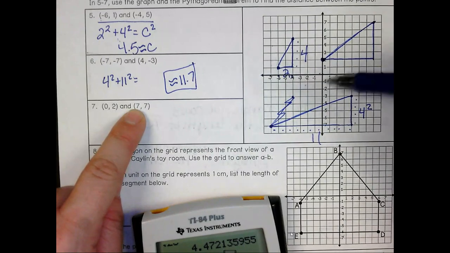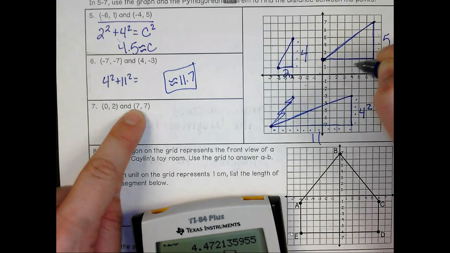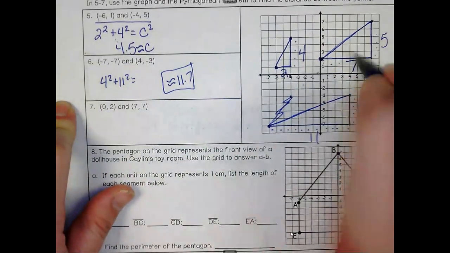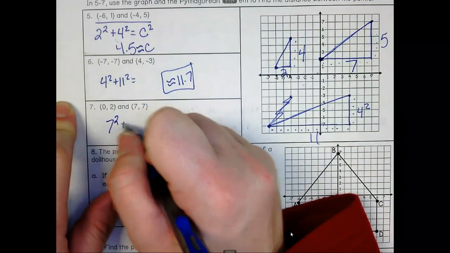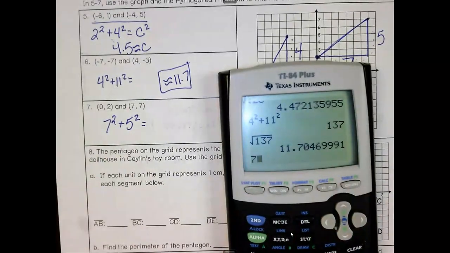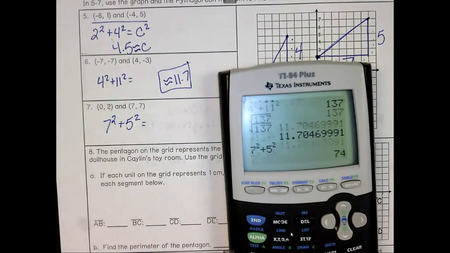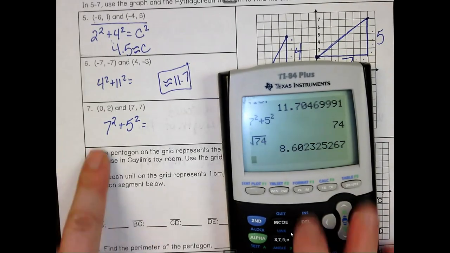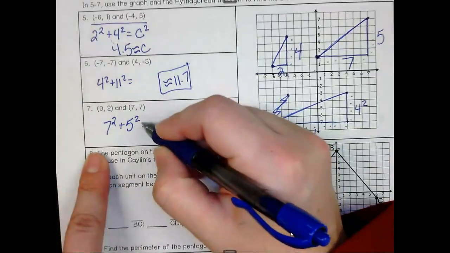What are my 2 leg lengths? 7 and 5. I got 8.6. Okay, so 7 squared plus 5 squared, so 8.6.